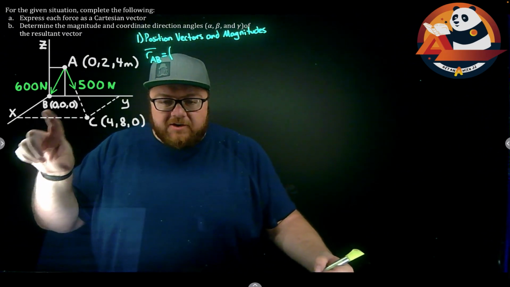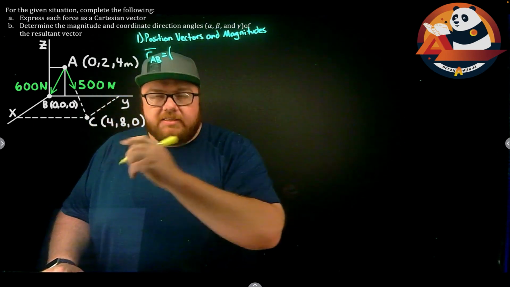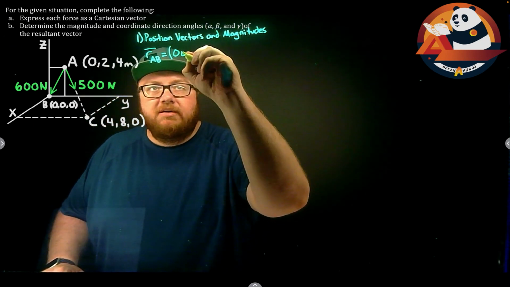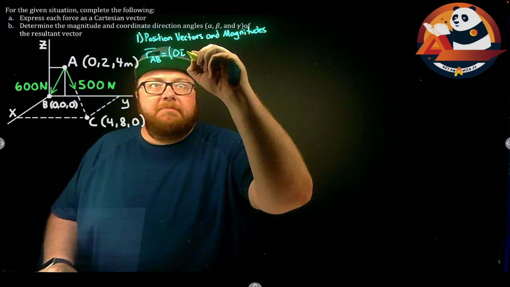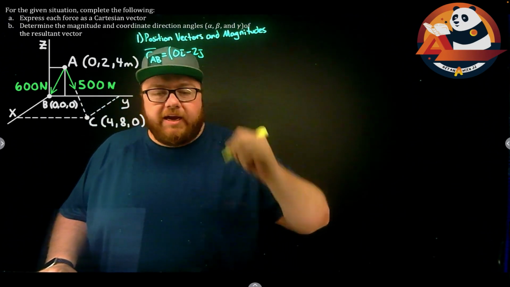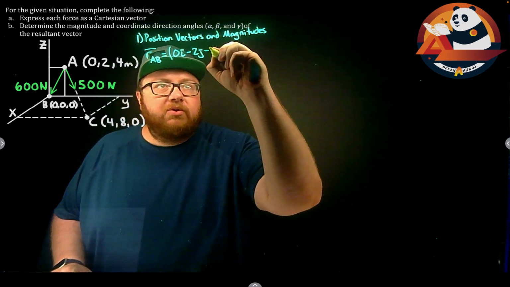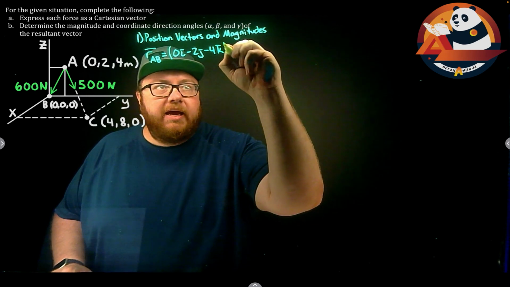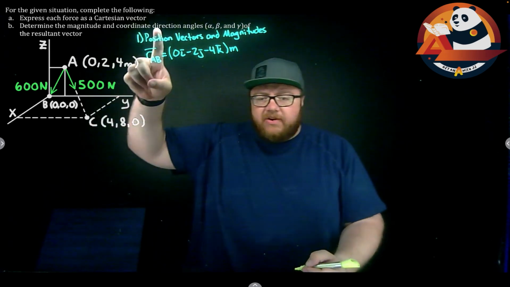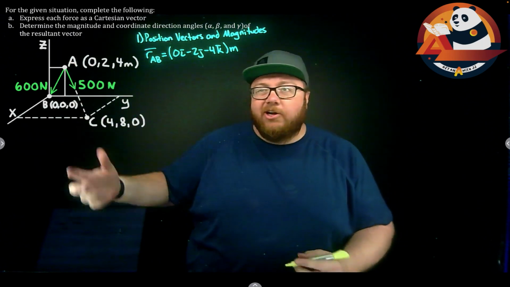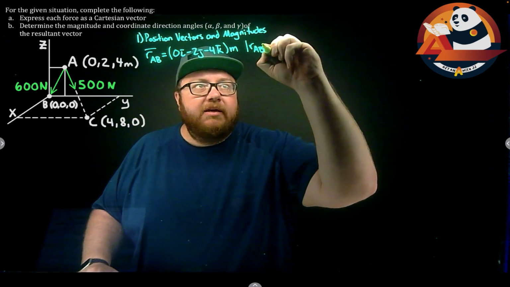So I want to do 0 minus 0 in the I. B minus A, tip minus tail, would be 0I, plus 0 minus 2 will be minus 2J, plus 0 minus 4, minus 4K meters is my position vector from A to B. If I know that, I can get the magnitude of RAB as well.